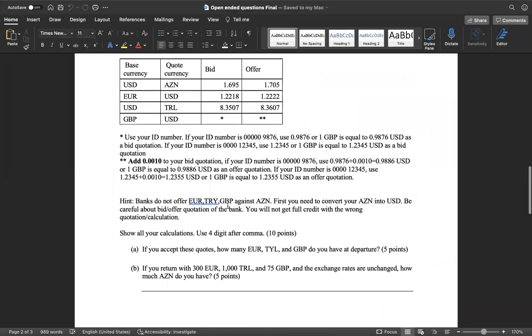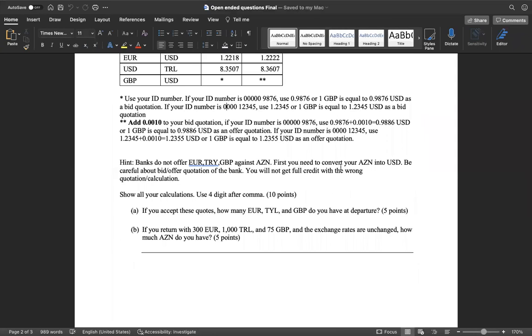Banks do not offer Euro, Turkish Lira, GBP against ASEAN. First, you need to convert your ASEAN to USD. Be careful about bid-offer quotation, or you will not get full credit. So we are not interested in this part.